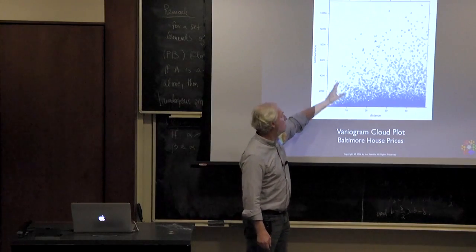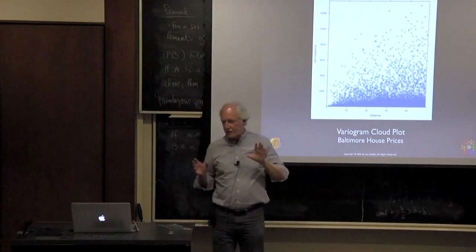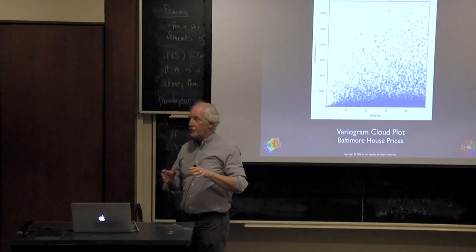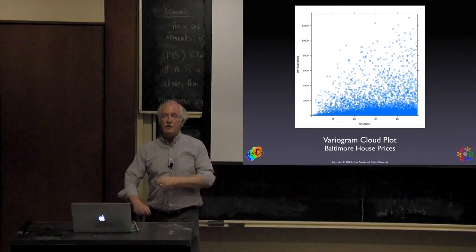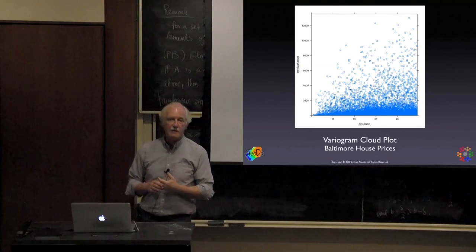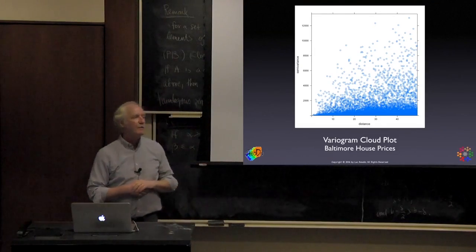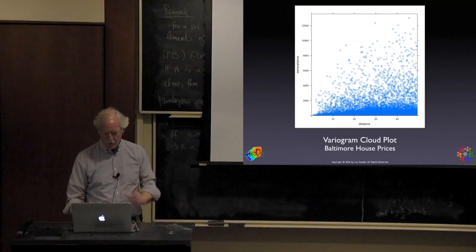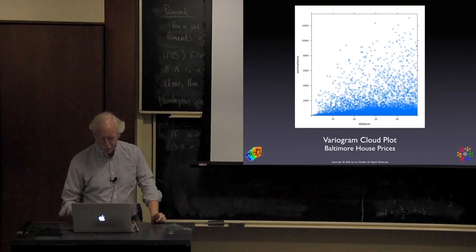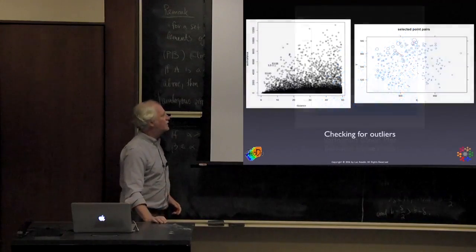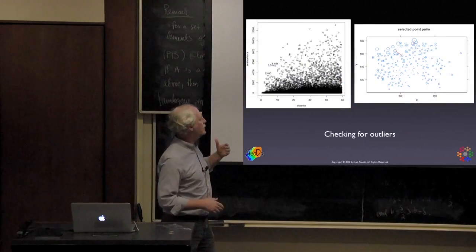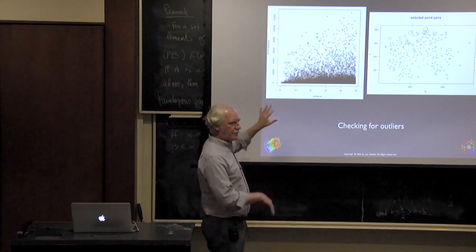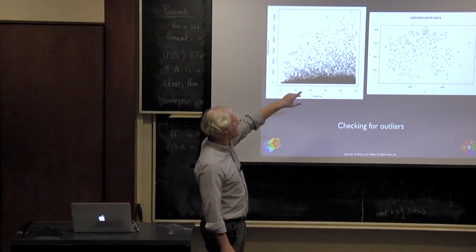So if we see points that are, in a sense, close in space, but very different in attribute space, something's not right. Right? And we call those outliers. In the Baltimore house prices, it's not actually that interesting, but in R you can interact with the graph and you can click on these.